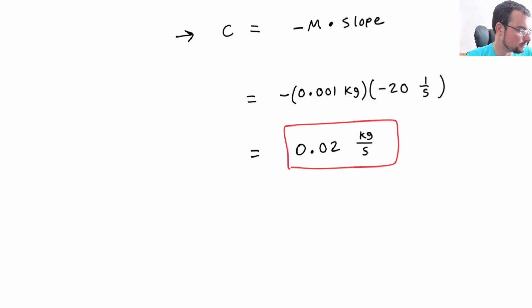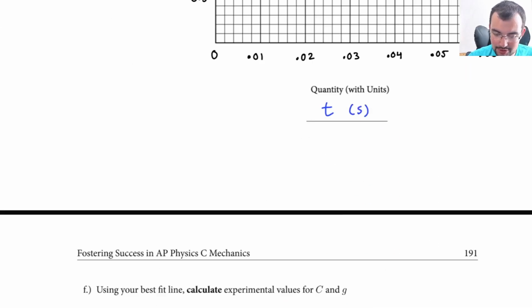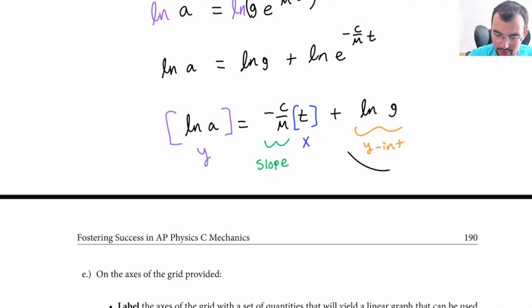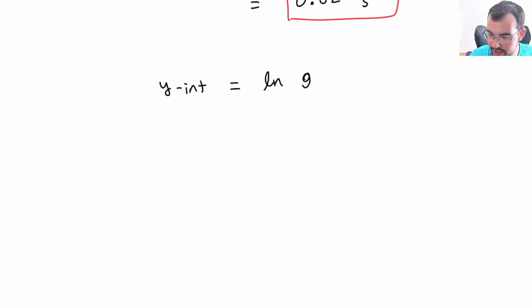And then to conclude, we'll actually get g. So g is related to the y-intercept. So according to our equation, the y-intercept is actually the natural log of g. So we can e both sides to get g is e to the y-intercept. So that's odd looking.